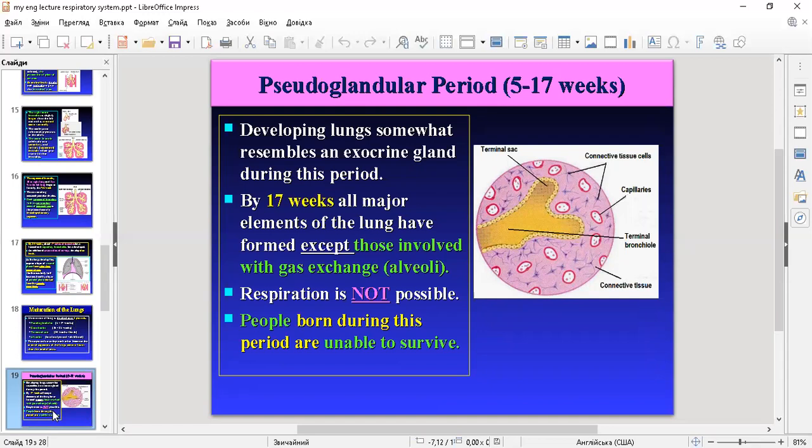Pseudogranular period. The developing lung somewhat resembles an exocrine gland during this period. By 17 weeks, all major elements of the lung have formed except those involved with gas exchange, the alveoli.